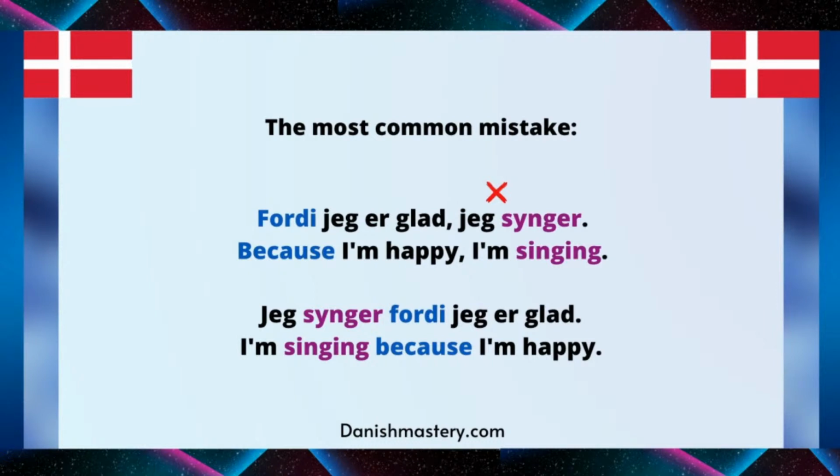That is wrong. We don't do that. The right answer is, of course, fordi jeg er glad, synger jeg. Not jeg synger. If you say jeg synger, it's almost like you're starting a whole new sentence. It's like they're not even connected. So it's pretty important to get this right. Alright, cool. I think you guys are getting it.